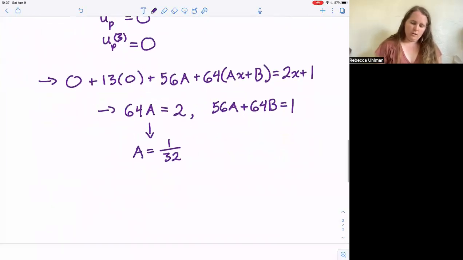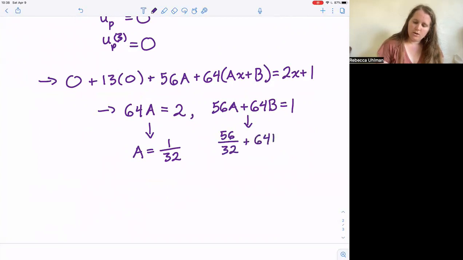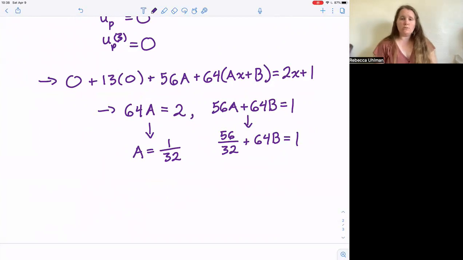And we are therefore looking at 56 over 32 plus 64b is equal to 1. 56 over 32, we could rewrite if we so choose as 7 over 4.